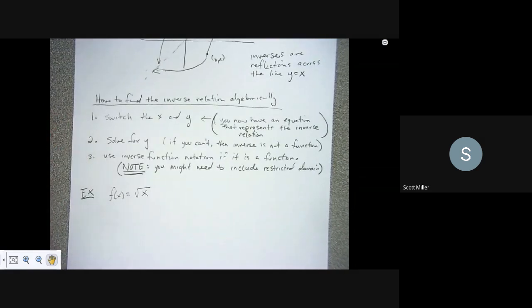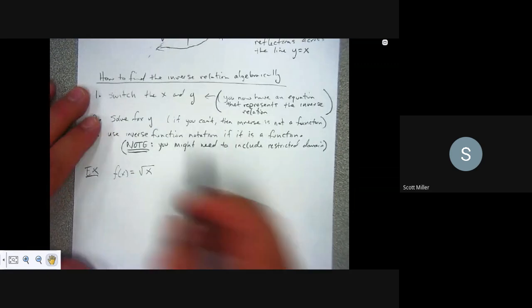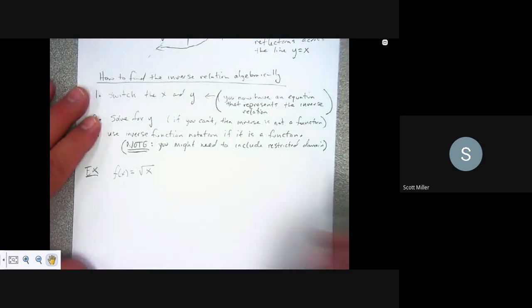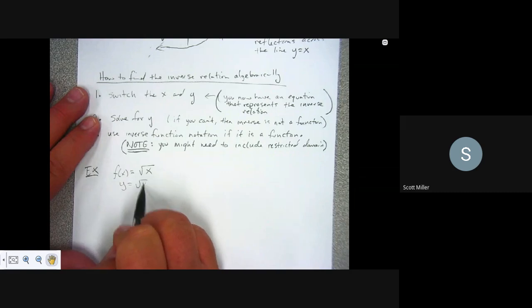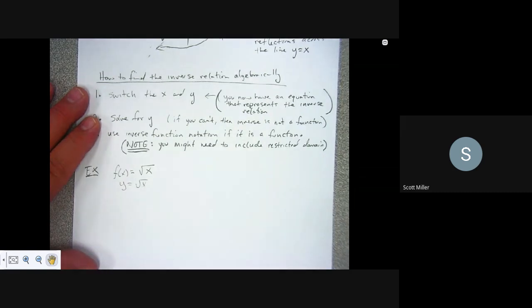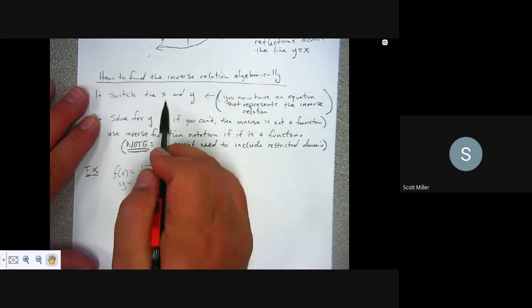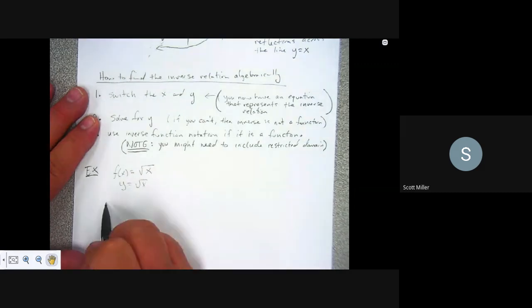We already described it on the other side, that this is also going to have an inverse function. We know what this graph looks like. So we're going to explore this one here and show you why you might need to include a restricted domain. So first off, everybody understands that this is just another name for y. So then the rule says you switch x and y. So that means I'm now going to have x equals the square root of y.